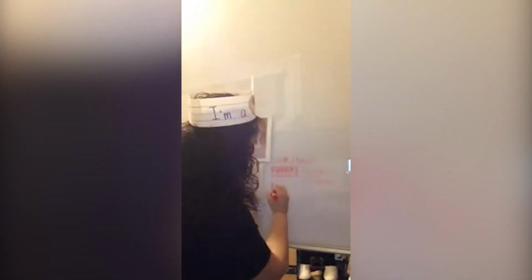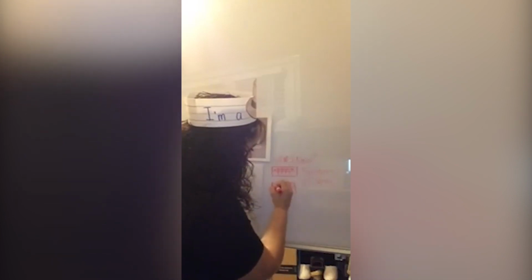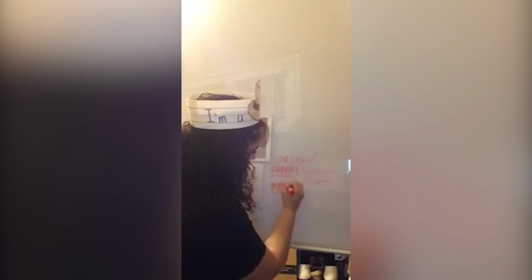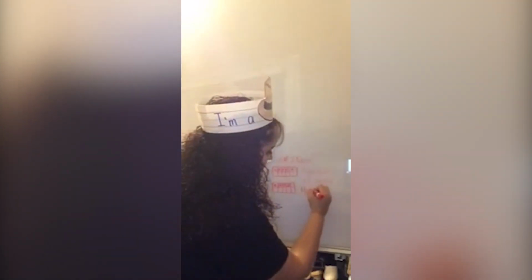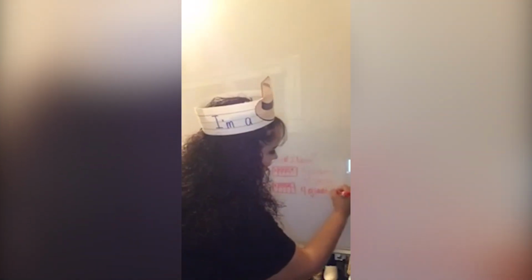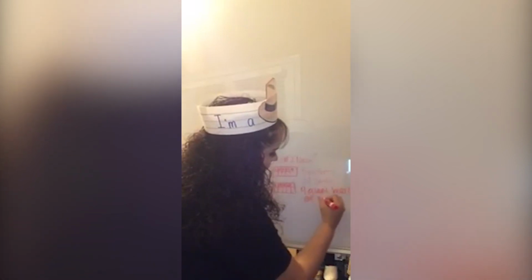Something else I know, boys and girls, is that on Valentine's Day, he colored 4 giant hearts. One, 2, 3, 4. I can represent the number 4 on a 10 frame too. 4 giant hearts on Valentine's Day.